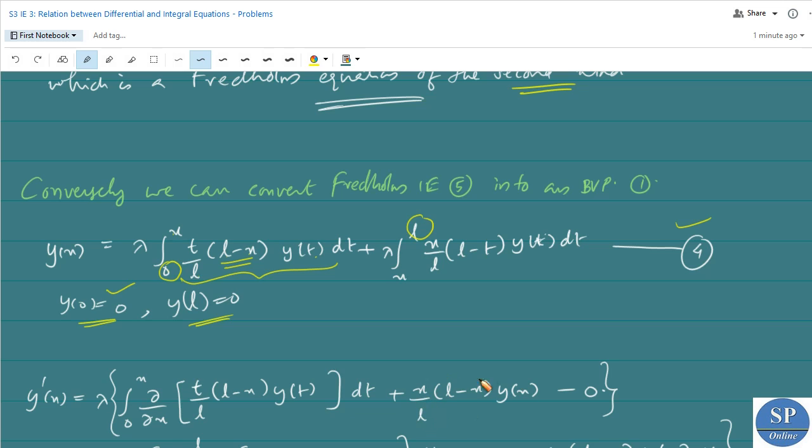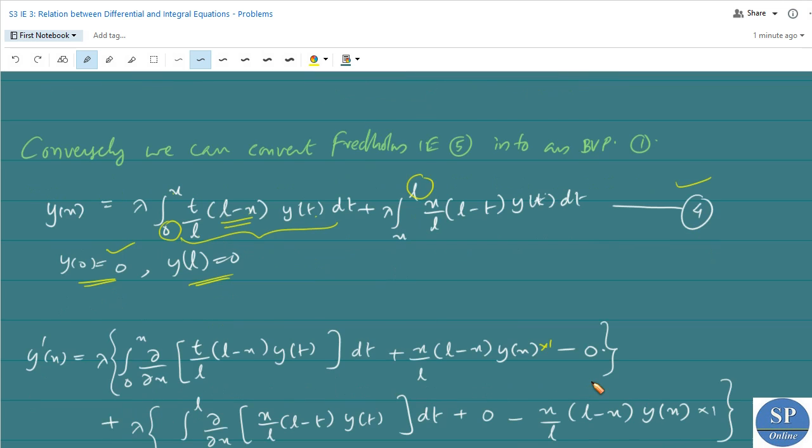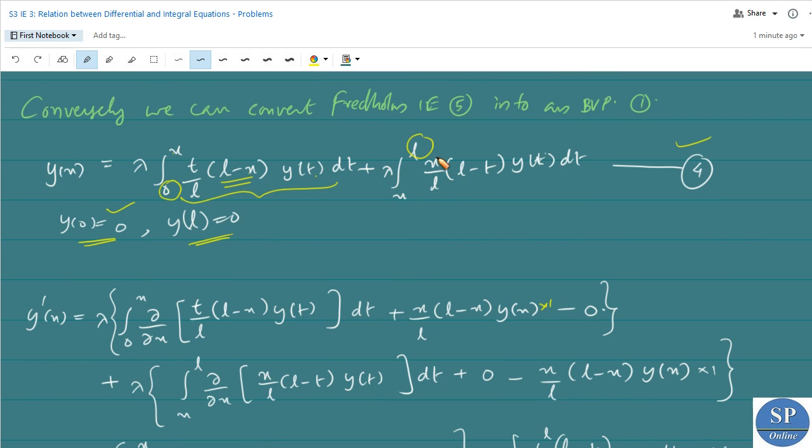So that will be this into x dash. x dash is 1, into 1 is here, minus here is 0, so into 0 dash is 0. So this third term is 0. Now plus lambda into the derivative of this. The derivative of this integral is by using the Leibniz rule. We have the integral from x to L of dou by dou x of this.